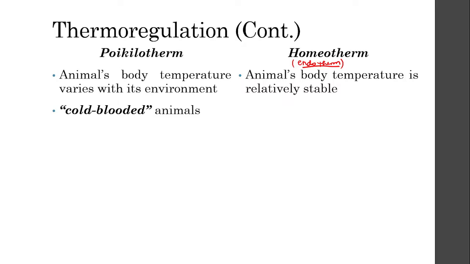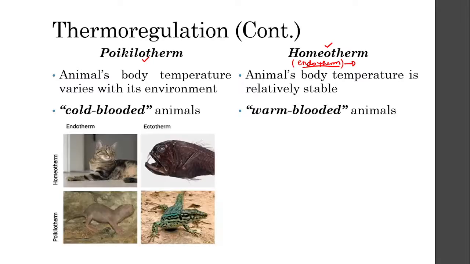But moreover, endotherm is more specifically talking about how the animals regulate their body temperature, and endotherms regulate their body temperature via inner mechanisms. Therefore, endotherms can actually be either a homeotherm or a poikilotherm. Homeotherm is what we call our warm-blooded animals. These are some of the examples.